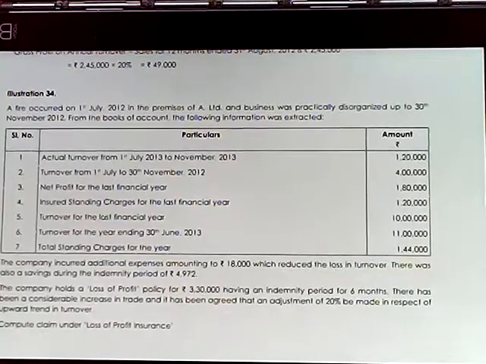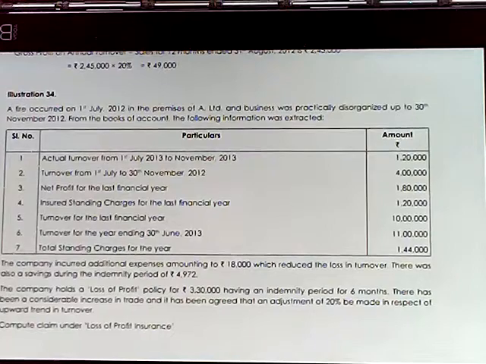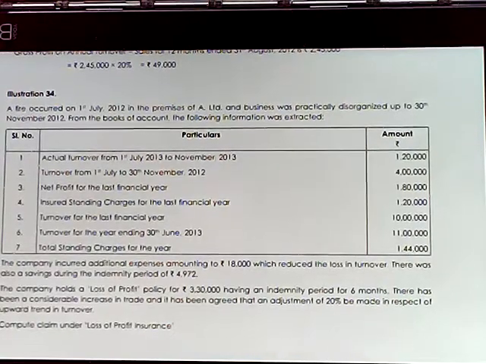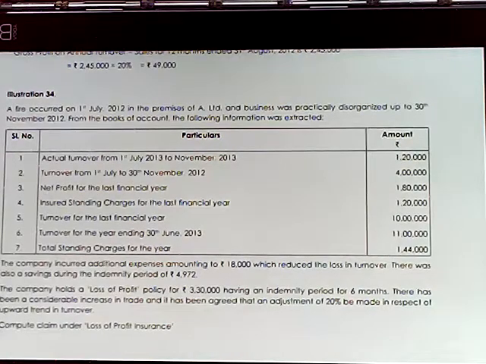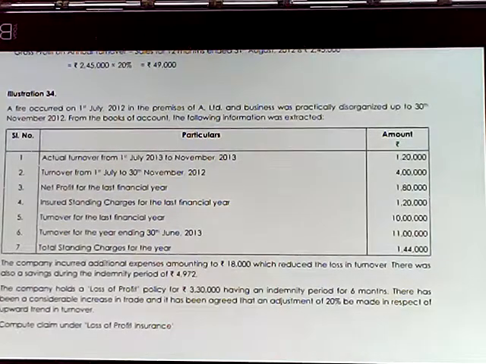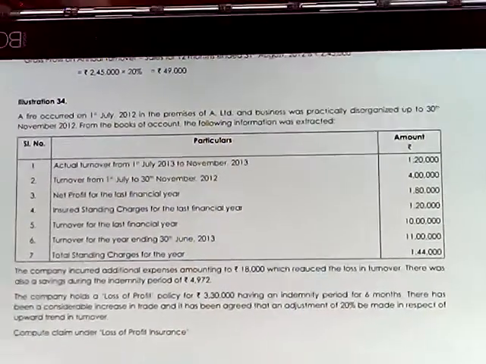The company holds a loss of profit policy for 3,30,000, having an indemnity period of 6 months. There has been a considerable increase in trade, and it has been agreed that an adjustment of 20% be made in respect of the upward trend in the turnover. Compute the claim under loss of profit insurance. Okay, so this is the question.